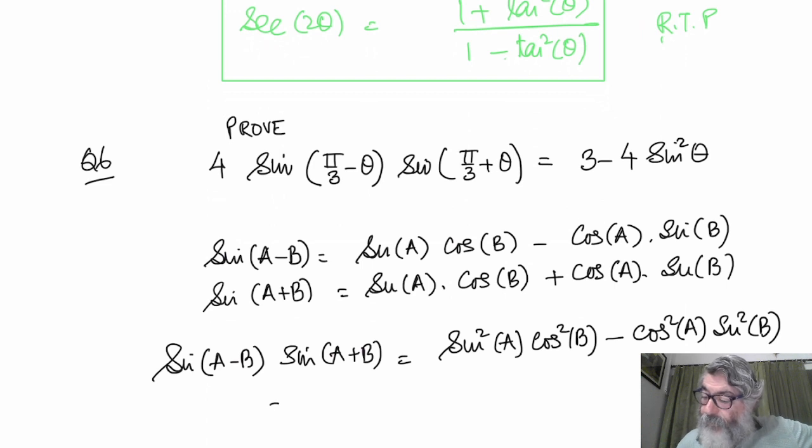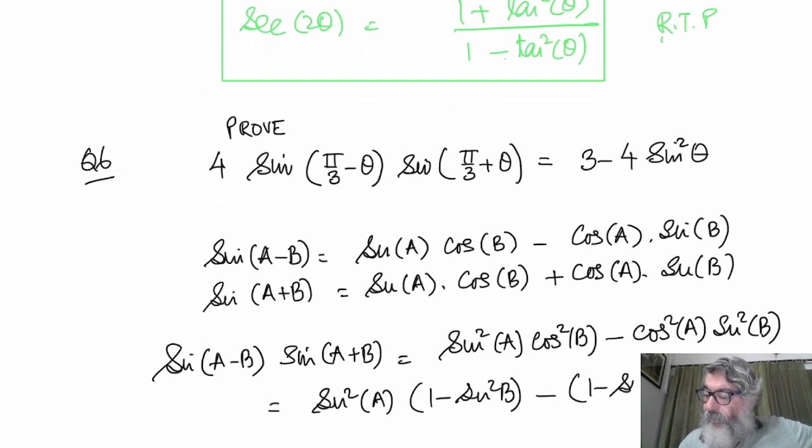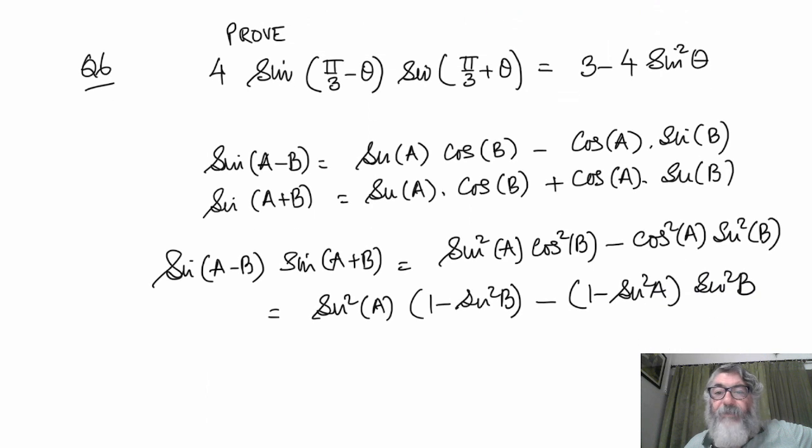Now what I'll do is I'll write cos square B as 1 minus sine square B, and cos square A as 1 minus sine square A. I've converted everything into sine. Let's multiply it again.